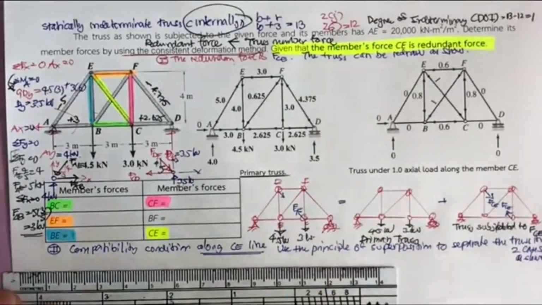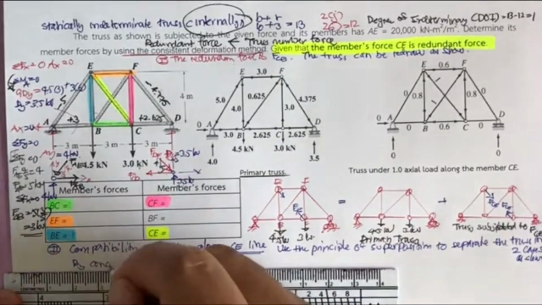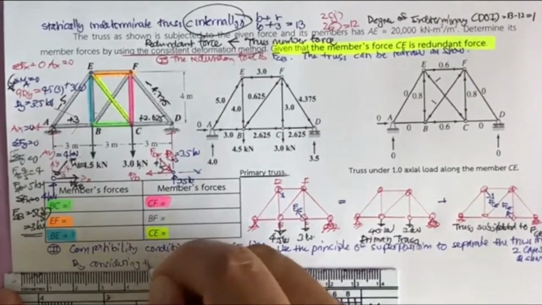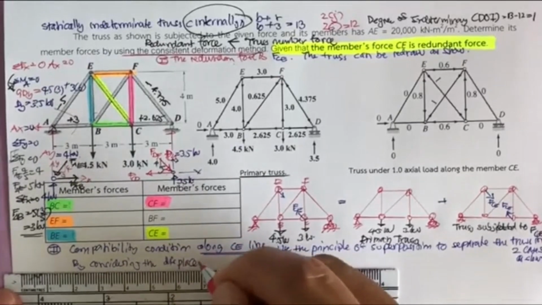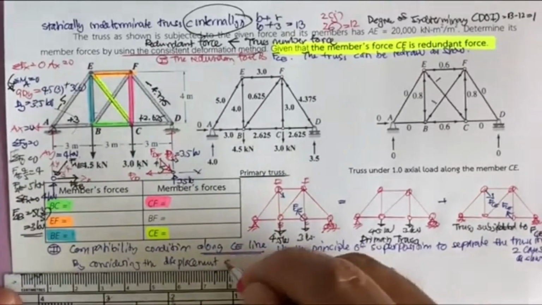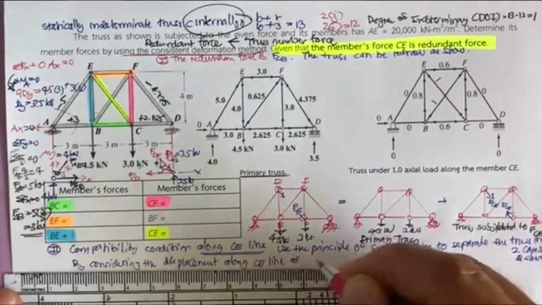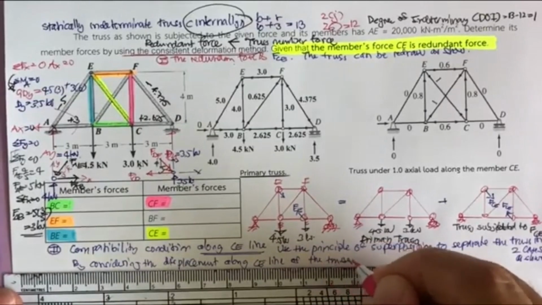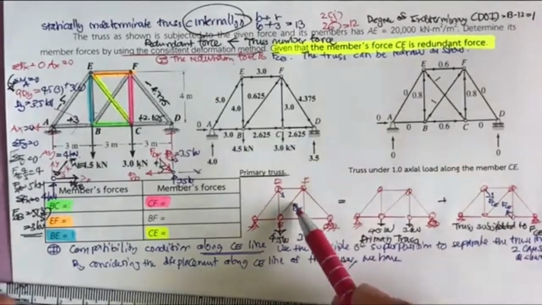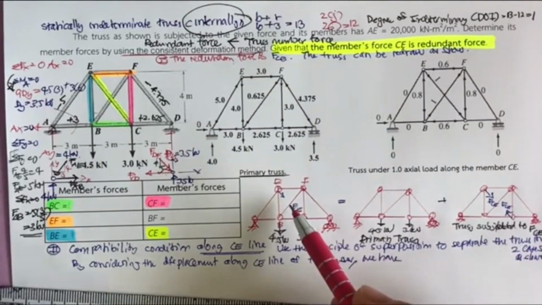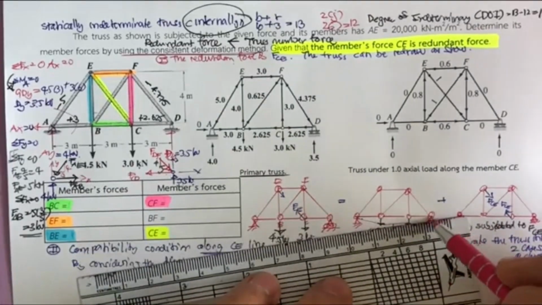By considering the displacement along the CE line of the trusses, under the applied force this one will have some deformation, but this one may also have its own deformation.